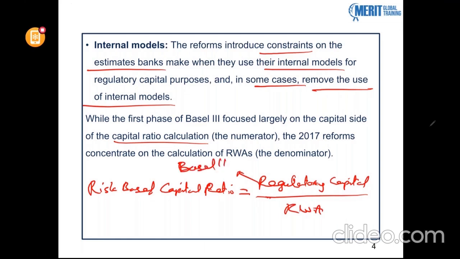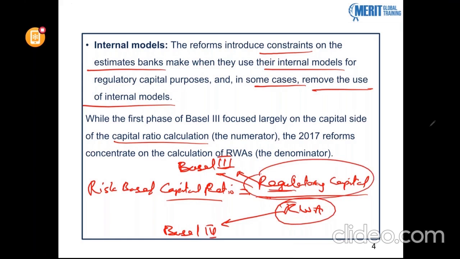Basel III focuses on the composition of capital, while Basel IV focuses on RWA. Everything we'll be discussing, when you want to calculate the capital ratio of the bank, the focus of Basel IV is on RWA, which is the denominator. We have discussed the numerator under Basel III, so we are not touching it at all in Basel IV. All the changes we'll be discussing today are around RWA, and that's the focus of Basel IV from the Basel Committee.